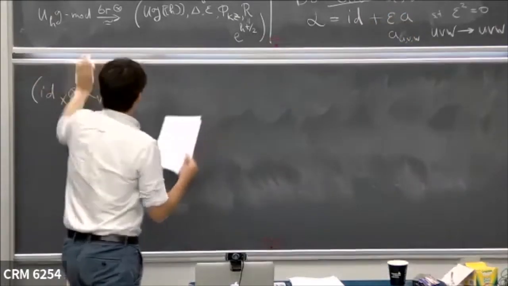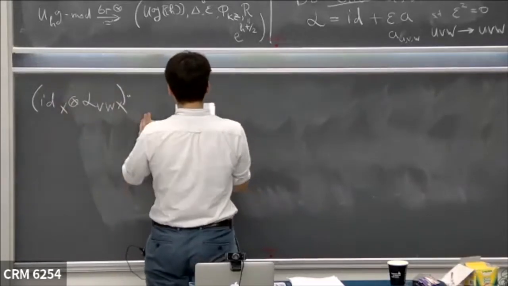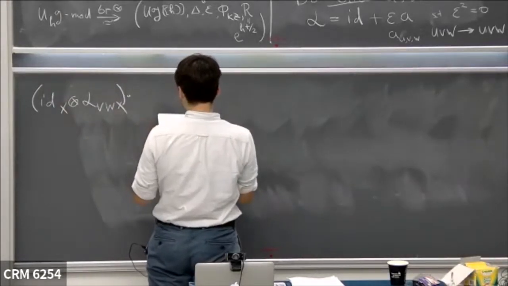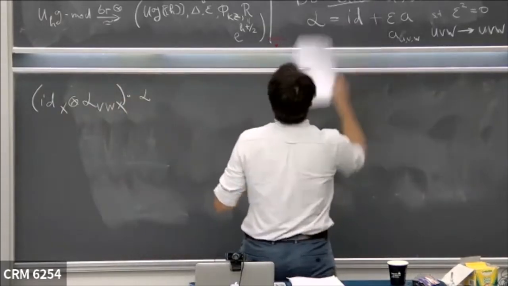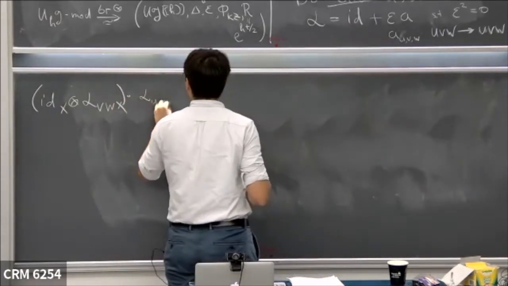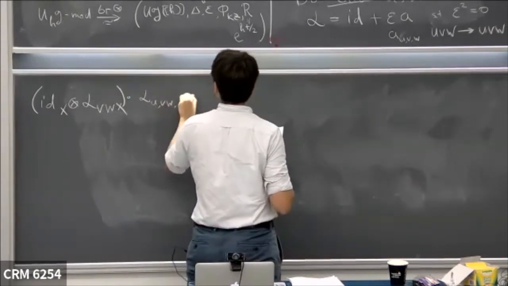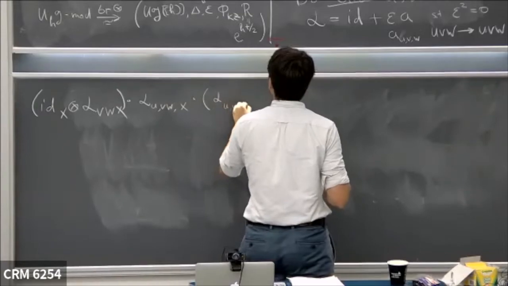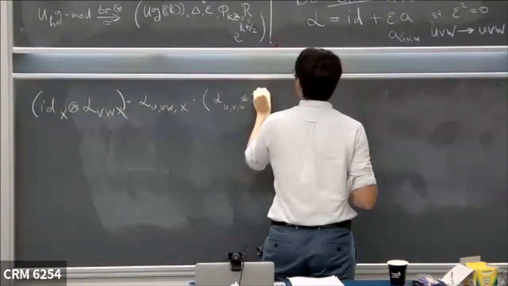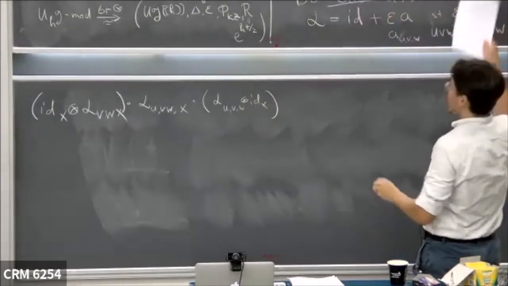Let me write down that equation. So what I have then is alpha on U, V, W, and X, and then composed with alpha on U, V, W tensor identity X, right? So this is the first path.